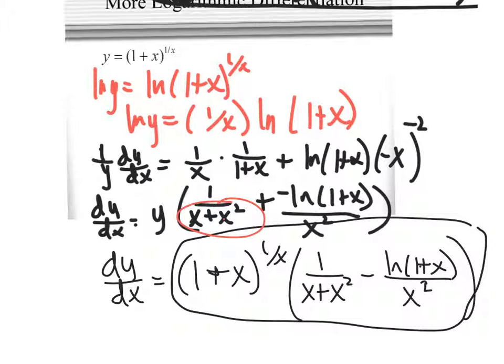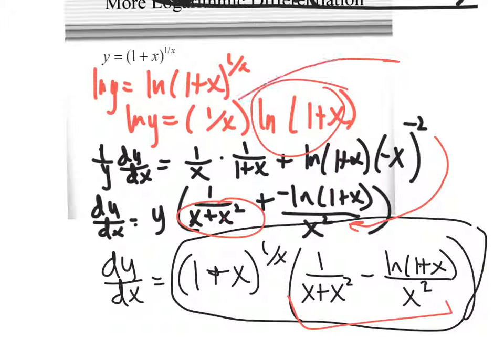I would definitely move this down, but if you had some form of this, that's good. If you didn't, just be careful that you are using product rule again. So it's first times the derivative of the second plus the second times the derivative of the first, and the derivative of that, as we've talked about, is really like x to the negative 1, so it's negative x to the negative 2.